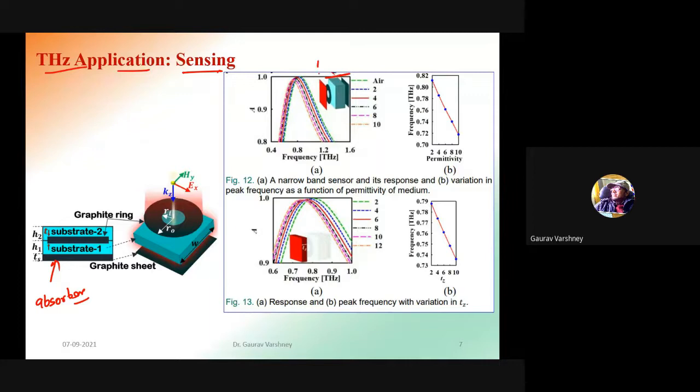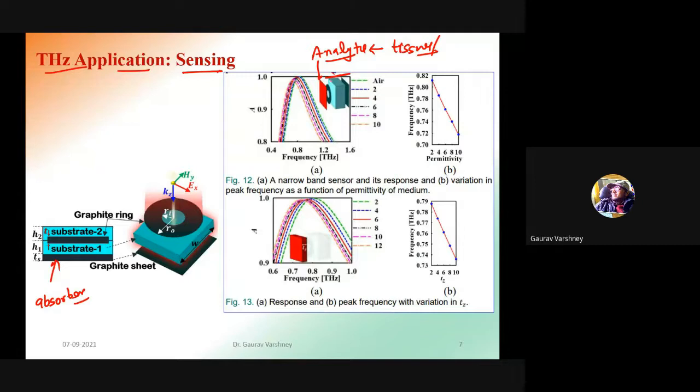At the top of the absorber, we place some analyte. This analyte can be infected tissue, influenza virus, blood cell, water with glucose, moisture in the air, or a gas such as methane, pesticide, or anything.